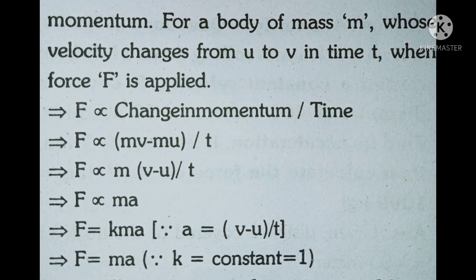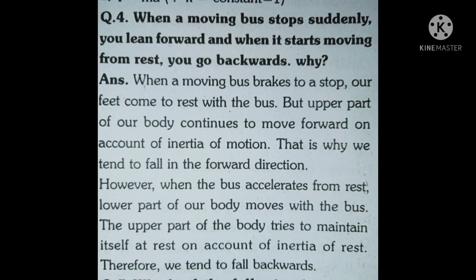लास्ट वाला राइट कर लेना। नेक्स्ट क्वेश्चन। Question fourth. When a moving bus stops suddenly, you run forward and when it starts moving from rest you go backwards. Why? Answer. When a moving bus brakes to a stop, our feet come to rest with the bus but the upper part of our body continues to move forward on account of inertia of motion.